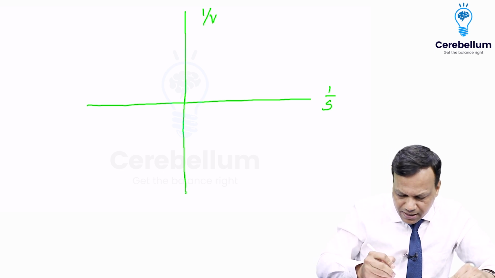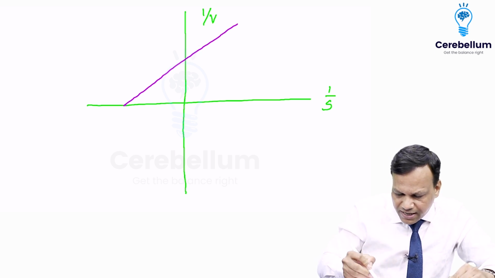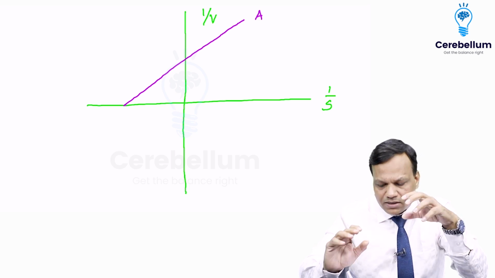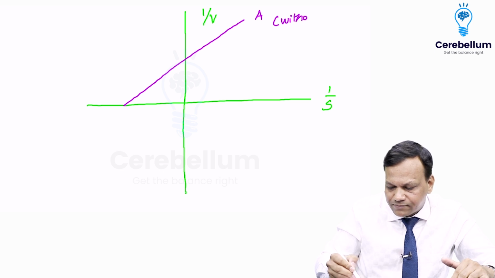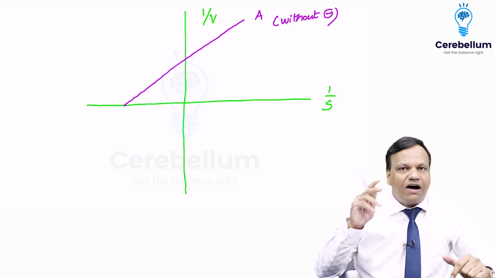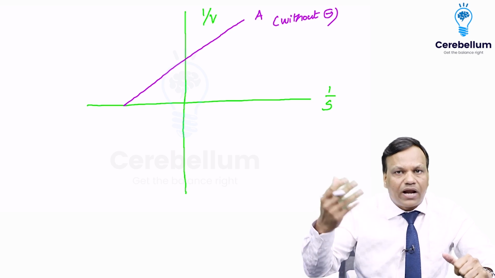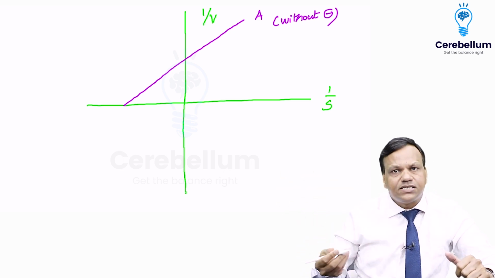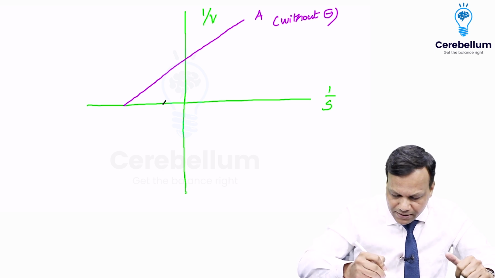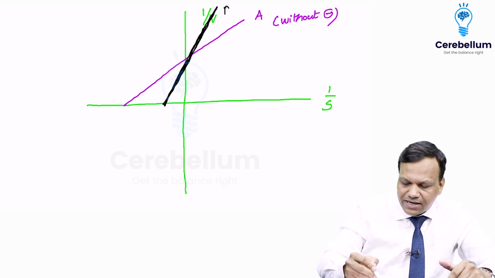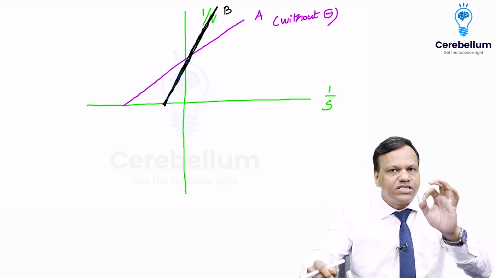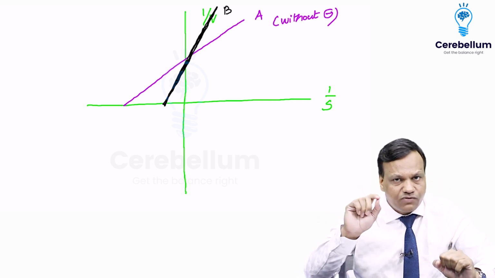Suppose this is a line, graph A. This is without any inhibitor. So baseline is there. Okay. But after giving enzyme inhibitor B or X or Y, the graph changes. Now the graph is coming like this. So they will want you to identify, if black is the line, suppose B is the line after enzyme inhibitor, which type of inhibitor it is. So it is very easy to remember.